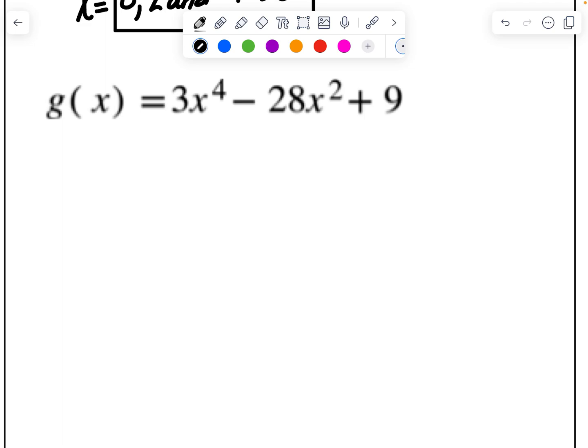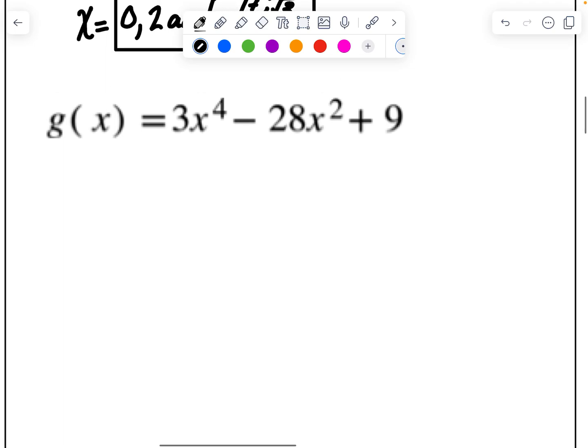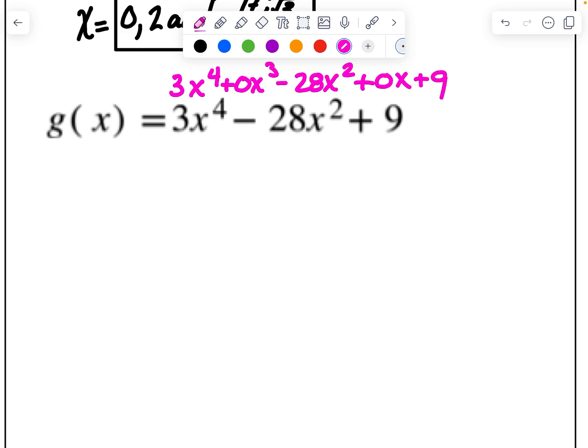So let's remember, if you need to see all the pieces, 3x to the power of 4 and no x's to the power of 3 minus 28 x's to the power of 2 plus no x's and 9. For synthetic division, we're going to start with negative 3. And we have 3, 0, negative 28, 0, and 9.